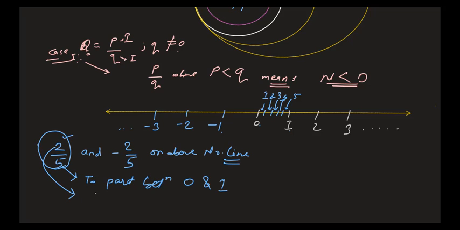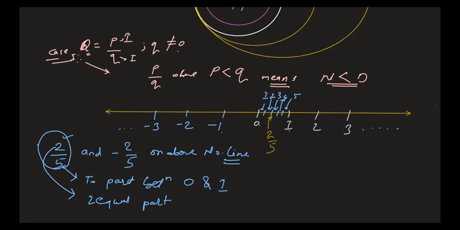So we must take 2 equal parts, and these 2 equal parts are this one portion. Okay, this is the 2 by 5 because we divided 0 to 1 into 5 equal parts.